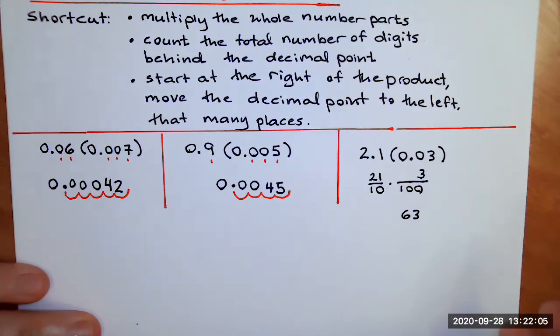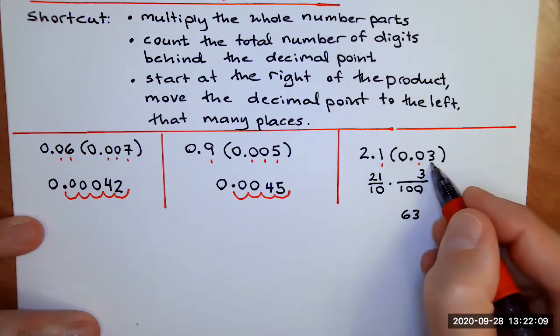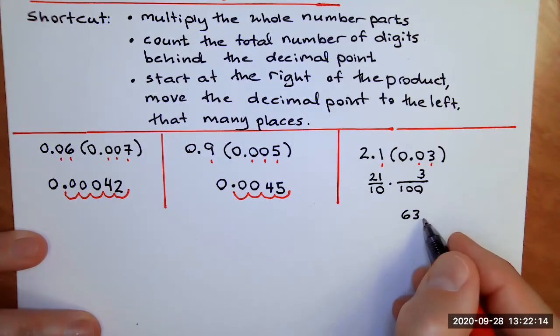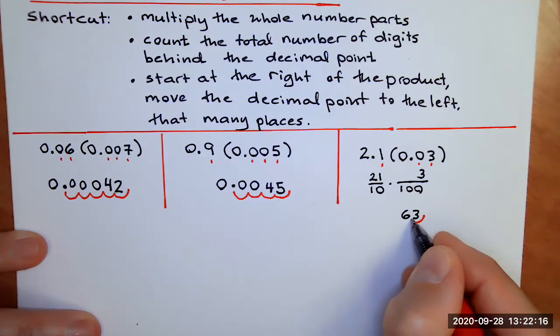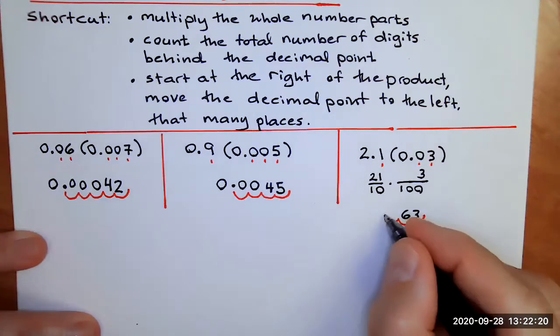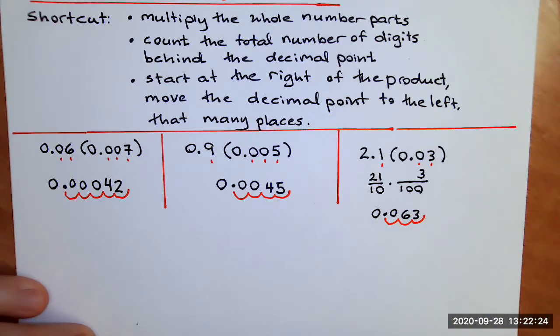And then how many places do we move back? Well, there's 1, 2, 3 spaces behind the decimal point. So we start at the right and go to left. 1, 2, 3 places. Let's do some more.